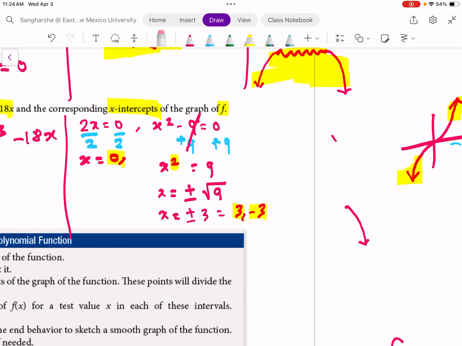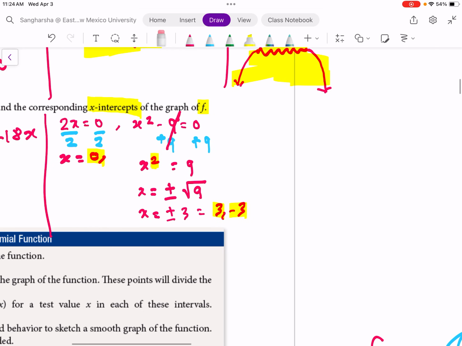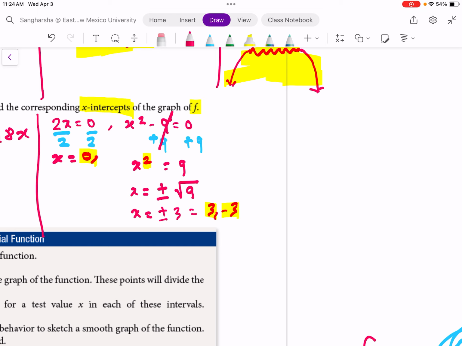We can also write our x-intercepts in point form. If you want to write the x-intercepts, 0, 0 is one point. The other points are 3, 0 and negative 3, 0. So these are the x-intercepts. The y coordinate for the x-intercept is always 0, or you can simply write 0, positive 3, negative 3 as the x-intercepts.